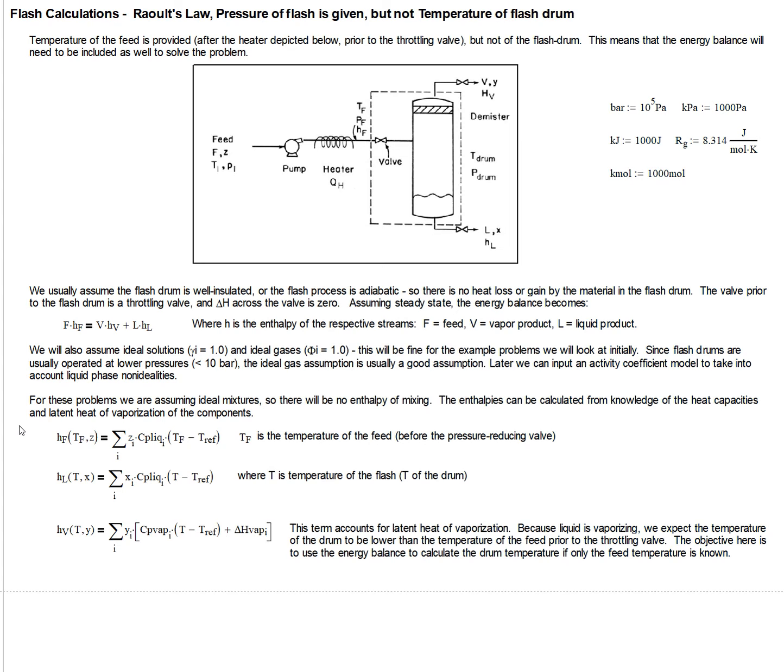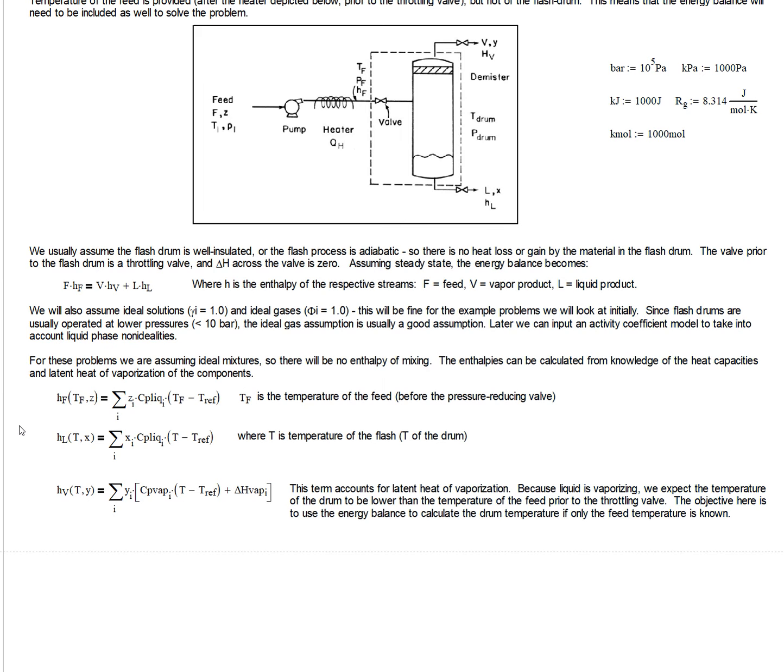And so what this means is that we can calculate, well, we could look these enthalpies up, but since we do not know what our mole fractions are going to be in the outlet streams, we can do the calculations to calculate these enthalpies fairly readily.